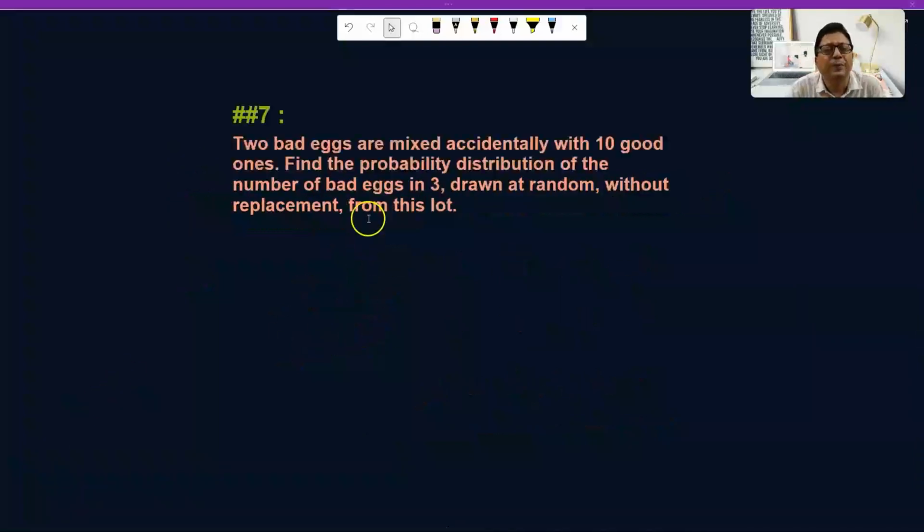Okay. 2 bad eggs are mixed accidentally with 10 good ones. Find the probability distribution of the number of bad eggs in 3 drawn at random without replacement from this lot. Okay. So the bag contains 2 bad eggs, not edible, and 10 good.